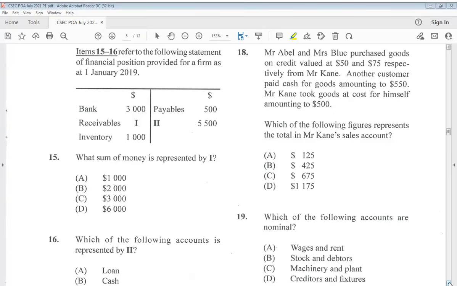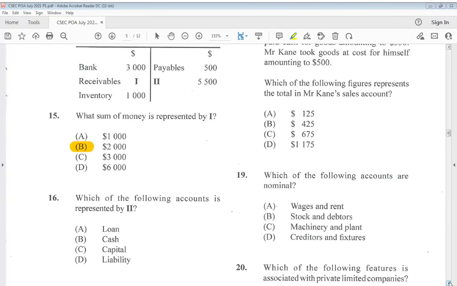So we have our debit and our credit sides. All right. So what is the sum that is presented at I, which is receivable? So what we simply do, we would deduct the debit side from the credit side. So that's a total of $6,000. So 4,000 subtracted from 6,000 would give us 2,000. So the answer would be B. So just the difference between the two sides.